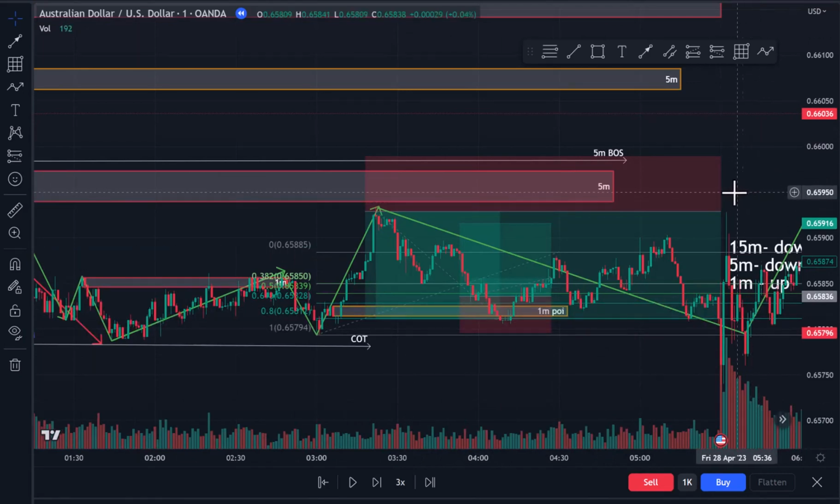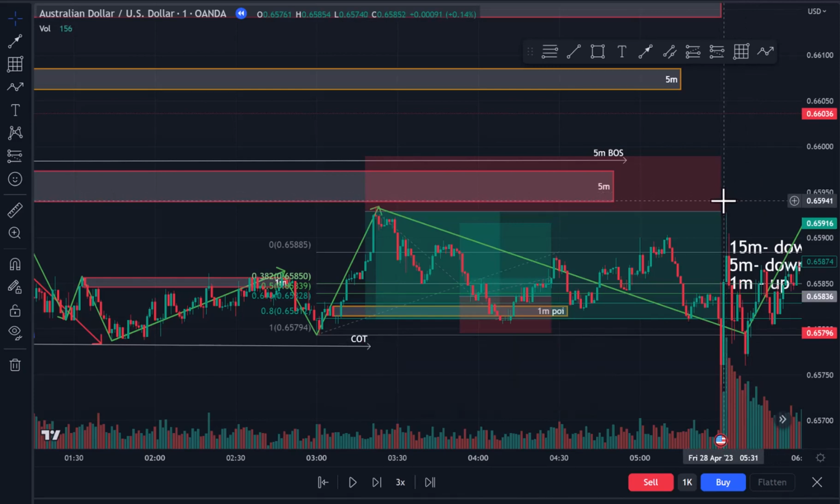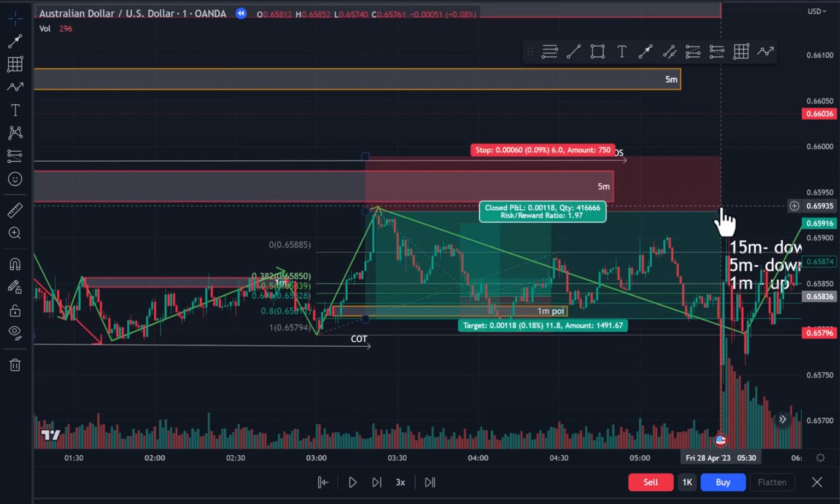So after a news release, I just stop trading for the day. But I want you to see just how easy it is to move from one setup to another, and it doesn't matter what overall news is, what the overall market bias is.